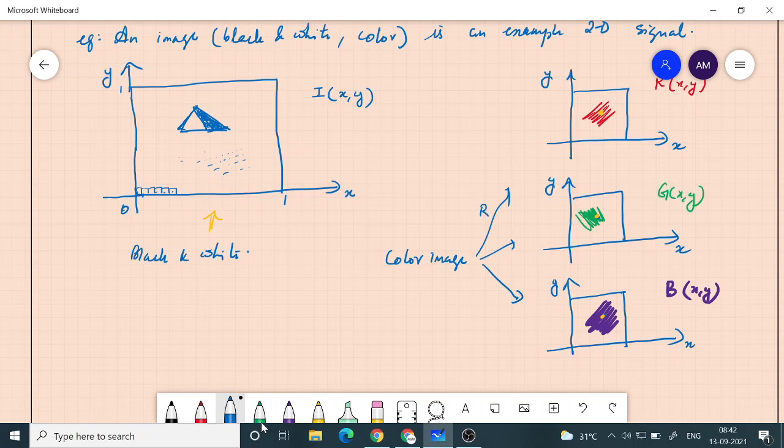Okay. So there is R, G and B. So in a color image, R, G, B depends on X and Y coordinate.